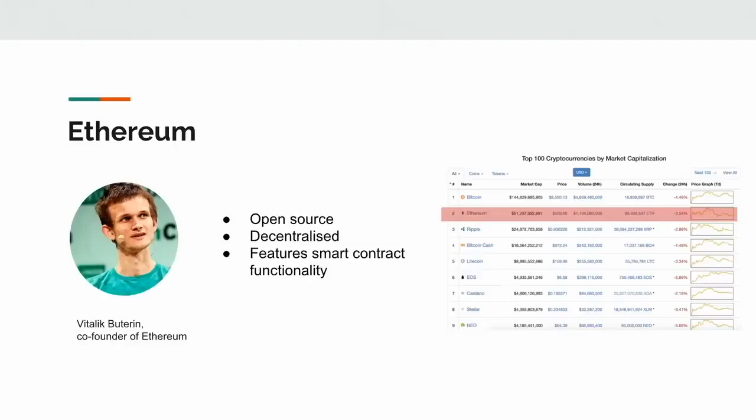You probably saw this person in talks about decentralization, cryptocurrencies, and all that stuff. It's an open source, decentralized platform, and one of the key features why it's so popular is the ability to execute contracts, any code you would like, on the nodes of the network.